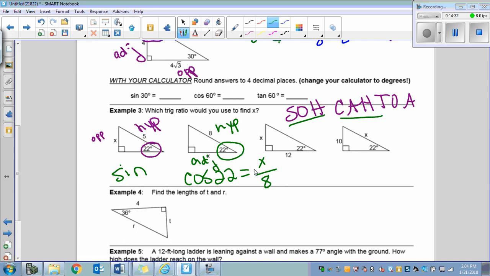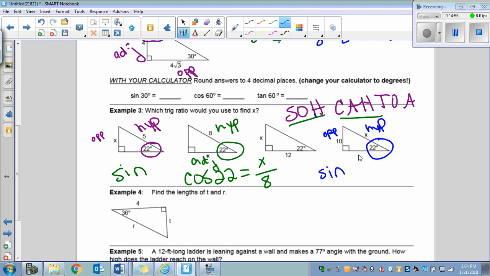All right. It looks like I'm running out of space. I'm going to do the last one with you. I'm going to circle my reference angle and label my sides. I have my opposite side and my hypotenuse. So which one uses opposite and hypotenuse?